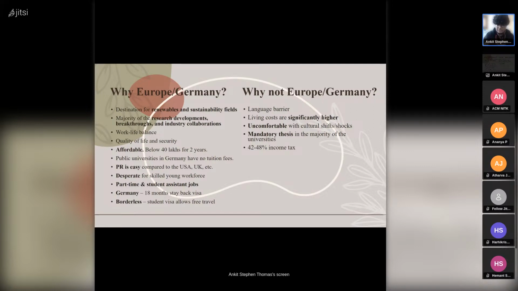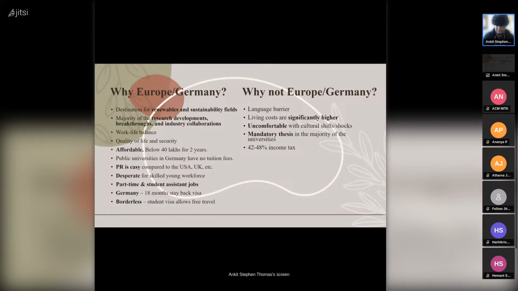Close to 1% of the energy that is powered today is renewable energy, and from that 1%, 47% is coming from Europe. The rest is coming from across the other continents, the rest of the world, right? So that shows how advanced Europe is with respect to renewable energy and its subset fields like photovoltaics and energy materials and all that stuff.